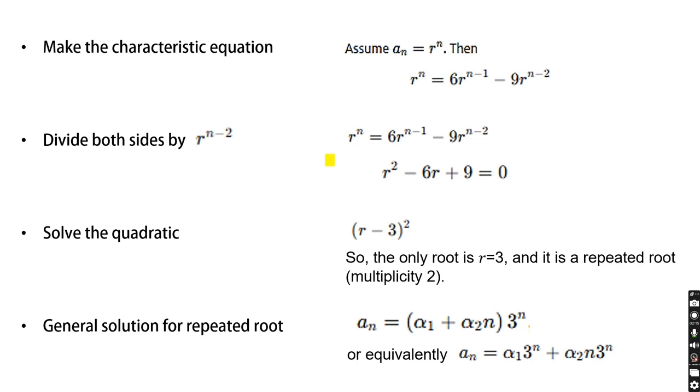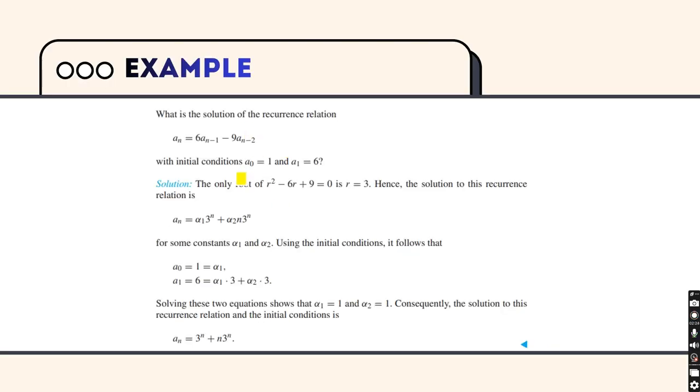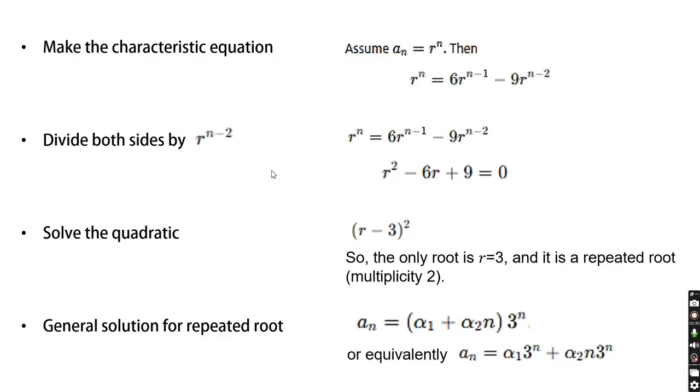First, again, we make the characteristic equation. So we will replace an with r^n. So this was the given equation. So we'll replace an with r. After replacing, we have derived this equation.